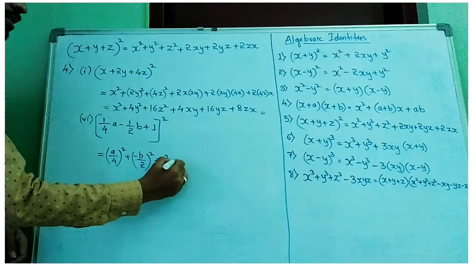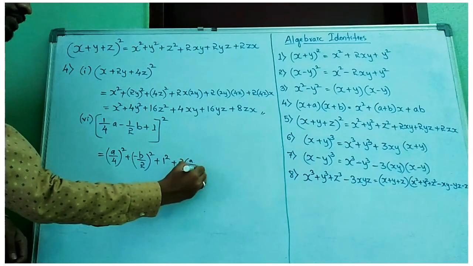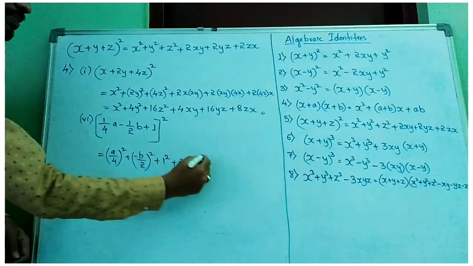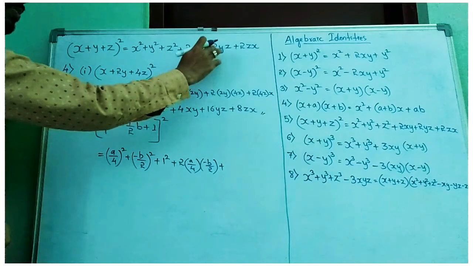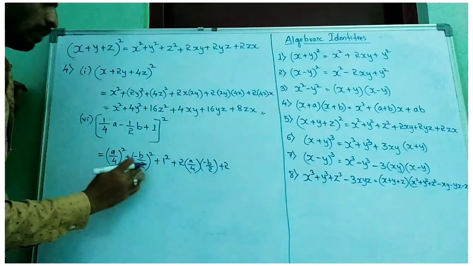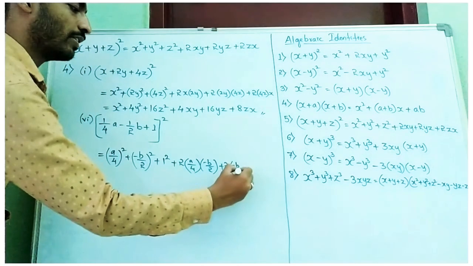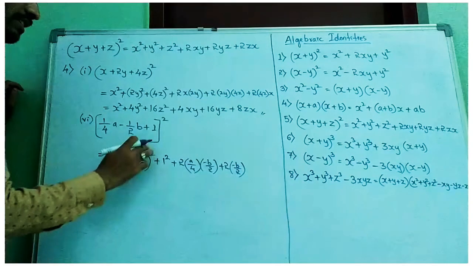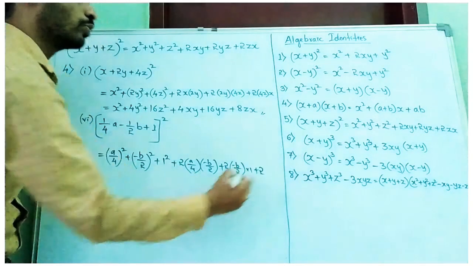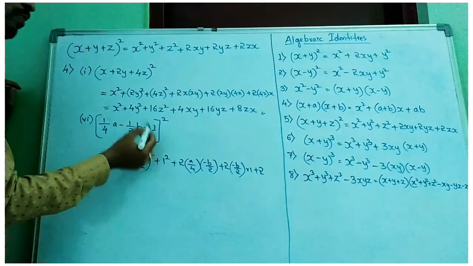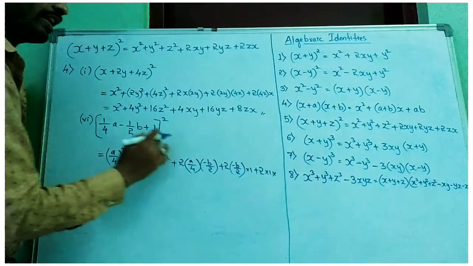Plus 2 into what is x, a by 4, what is y, minus b by 2, plus 2 of yz, so 2 y is what, minus b by 2, what is z, z is 1, into 1, plus 2 into z is 1, 2 into 1 into x, x is a by 4.